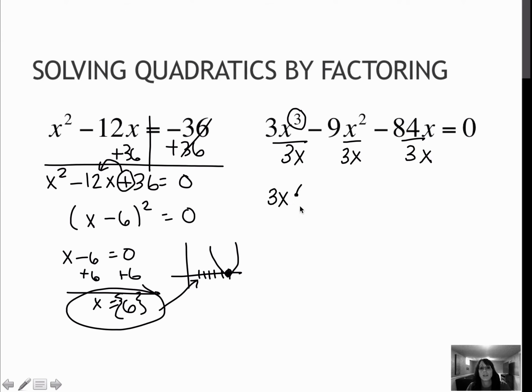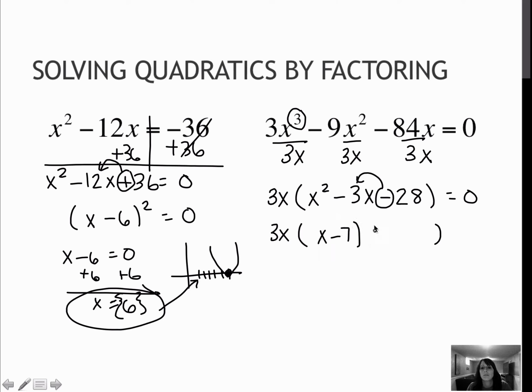So 3x out front, and then x squared minus 3x minus 28, and equals 0. And now I'm looking for numbers that multiply to 28, that subtract to 3. So I'm going to use x minus 7 and x plus 4.